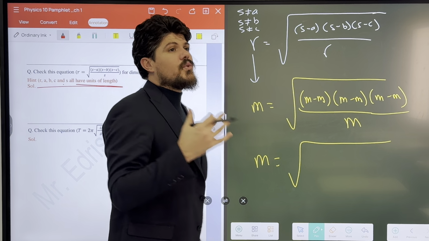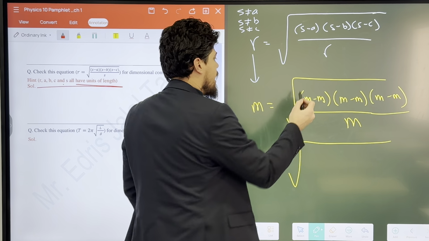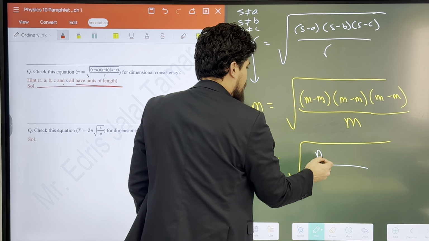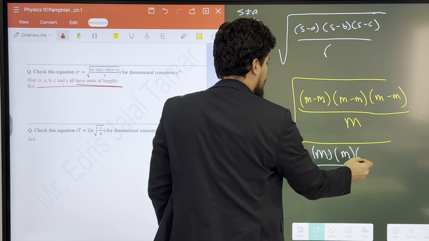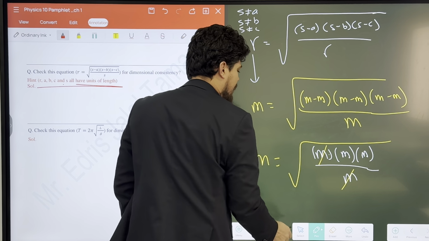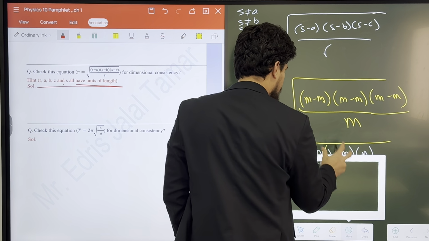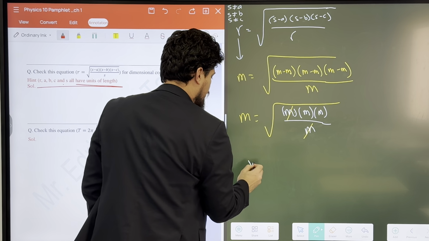Okay? Like 4 meter minus 2 meter is equal to 2 meter. The result is m. M minus m, it's gonna be m. Times m minus m, still m, m minus m, m. Over m. M with m cancel. What does remain? Bring down this m.